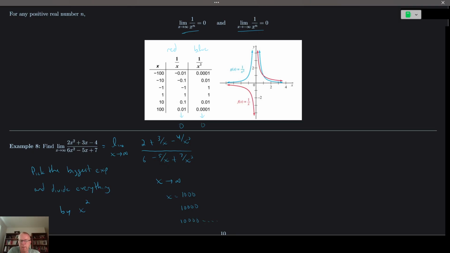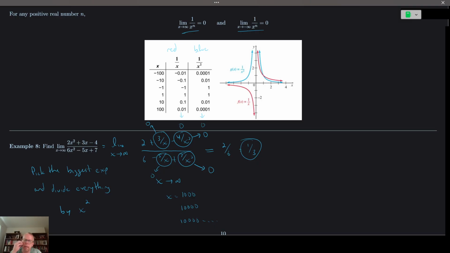What happens? This number goes to 0. This number goes to 0. This number goes to 0. This number goes to 0. So when you're plugging in bigger and bigger numbers for x, these 4 are all going to 0, and then these 2 are staying the same. And so that means that this limit is 2/6, or reduced down to 1/3.